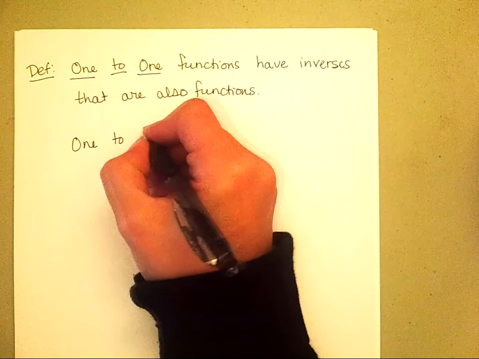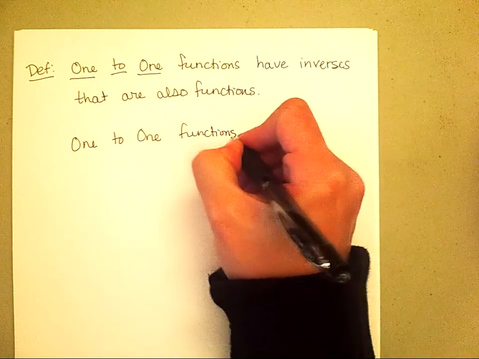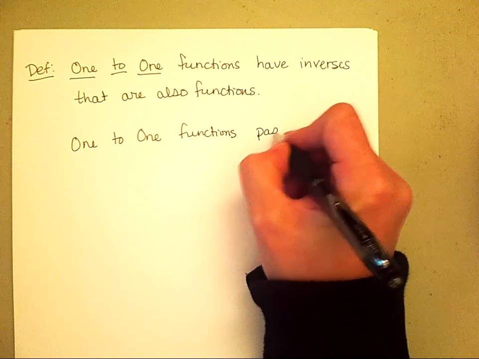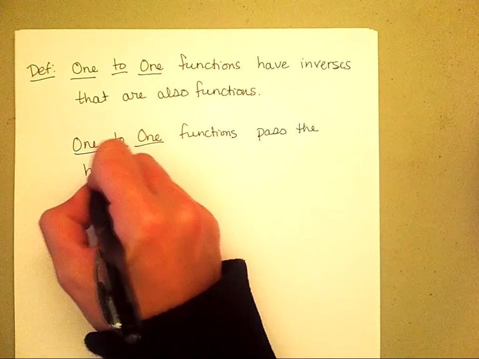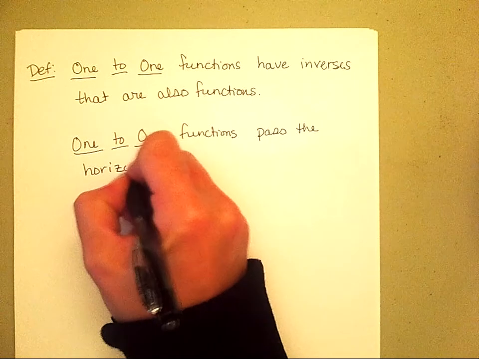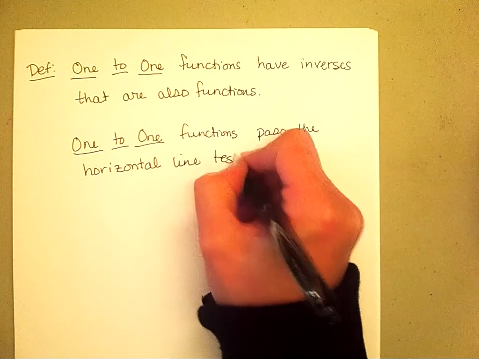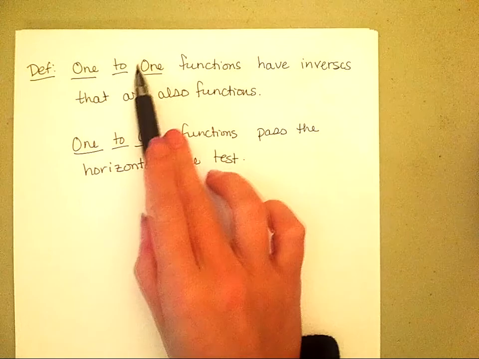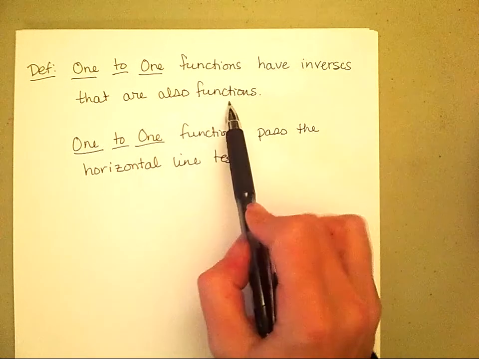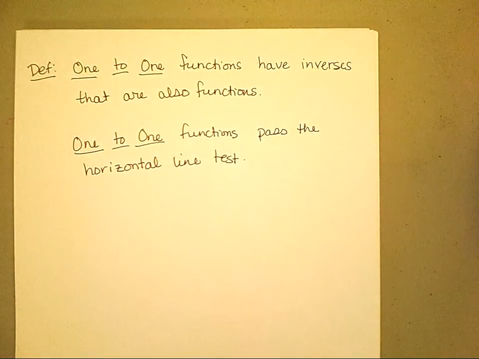One-to-one functions, we can tell them very easily because they pass the horizontal line test. Okay, so one-to-one functions have inverses that are functions, and one-to-one functions pass the horizontal line test.